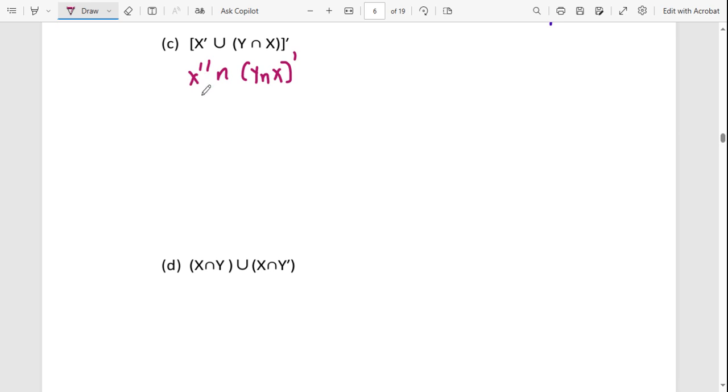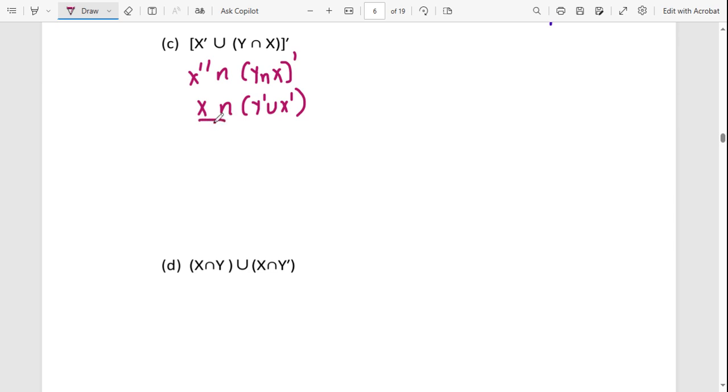X complement complement is just going to be x. And then intersection, I can distribute the complement to the inside. So that will be y complement union x complement. Do you remember the distributive law?